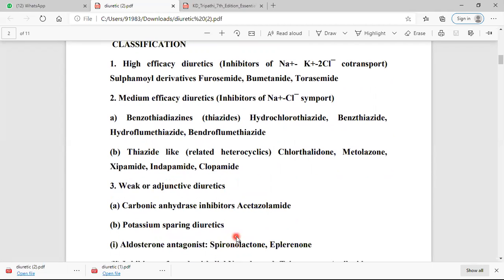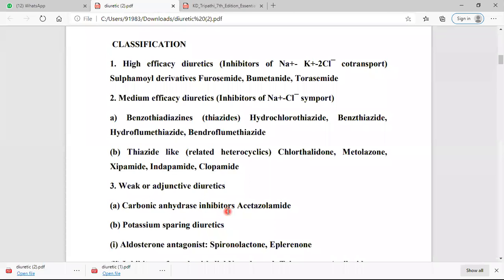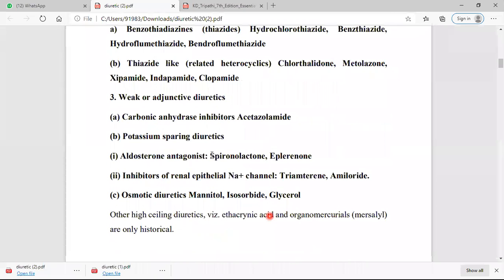The third category is the weak or adjuvant diuretics. The first is the carbonic anhydrase inhibitor; this enzyme is inhibited by the drug acetazolamide. Then potassium sparing diuretics, because one side effect of the above drugs is hypokalemia, and these are for prevention.